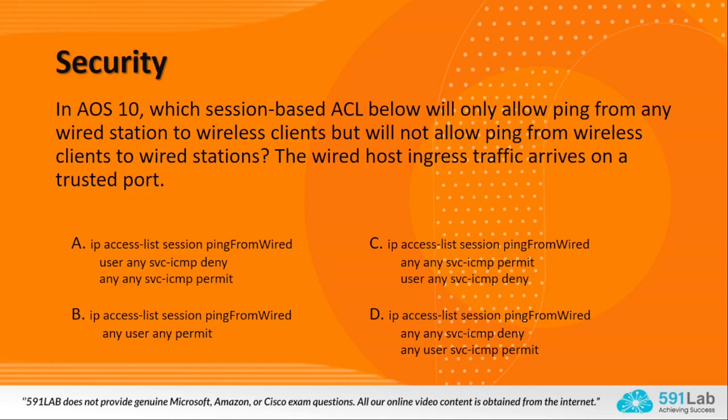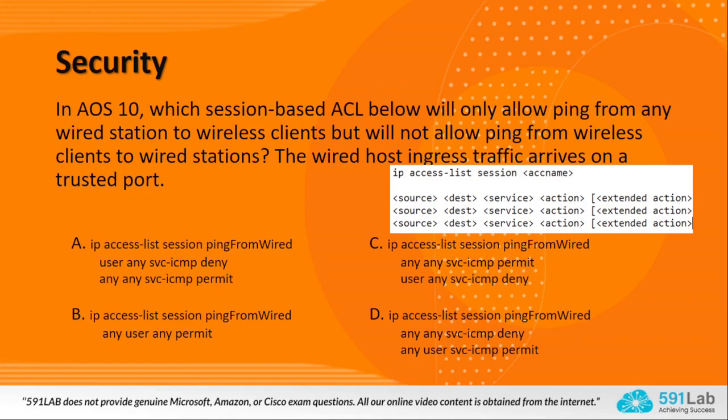Let's understand the format of the session ACL. To define the session ACL, the command IP access list session, then the access list name is used. After that, rules are defined. Source of the traffic, then destination, and the service, what are the protocols or ports, then the action, maybe permit, deny, that kind of actions.